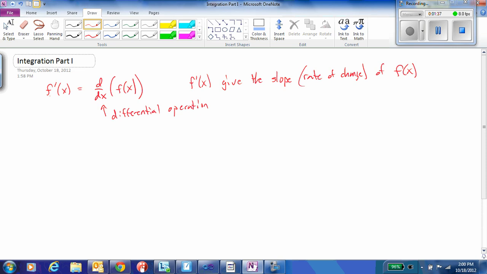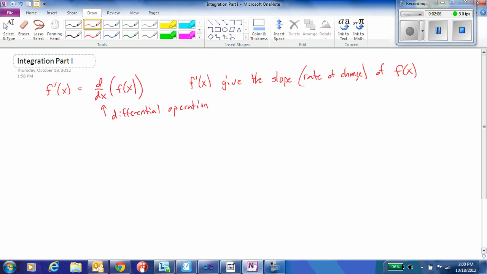Now in mathematics, it's often the case that if you can do something to a function, you can undo it. There's the inverse of the operation. So for example, if you take the sine of a number, you can get back the number by taking the inverse sine. Or if you exponentiate something, you can take the inverse function of that, which would be the logarithm, to get back your original answer.